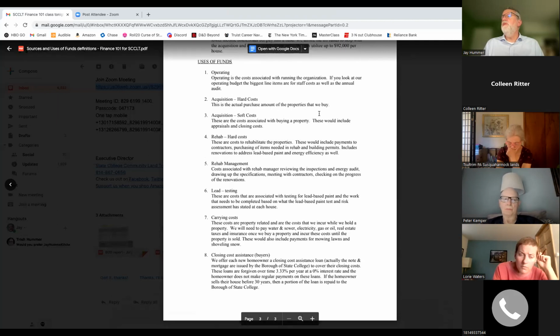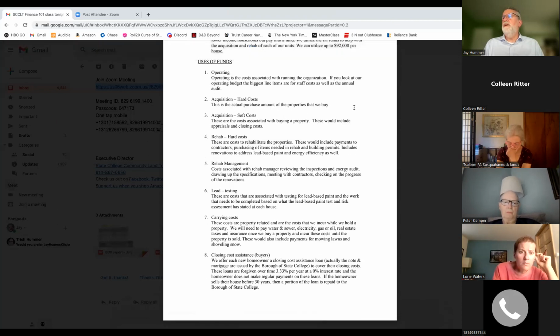Keep going to the top. Acquisitions, of course, when we're buying homes. And soft cost. There's hard costs, the actual buying it, and then the ancillary fees that everyone pays when you buy real estate. We've got to pay those too. Our rehab hard costs, that's all the contractors and materials and everything that goes into our renovations.